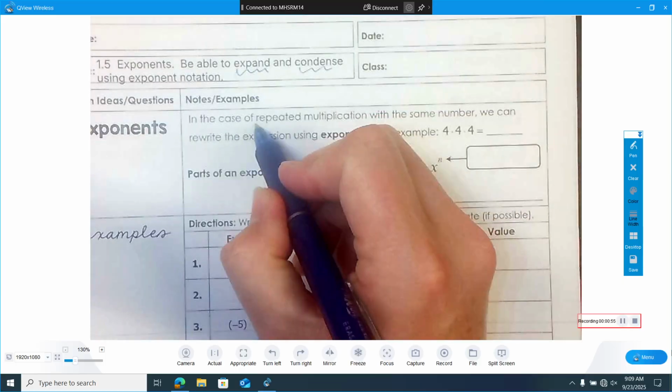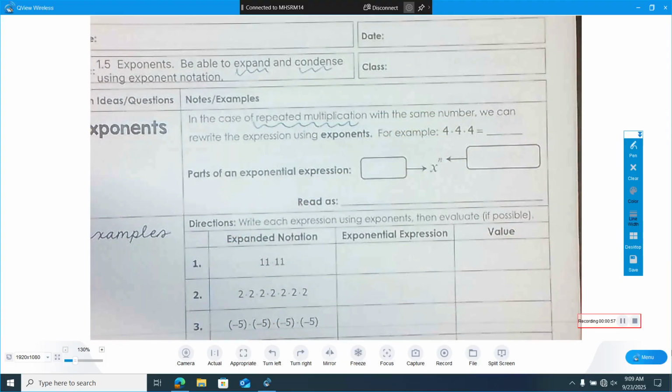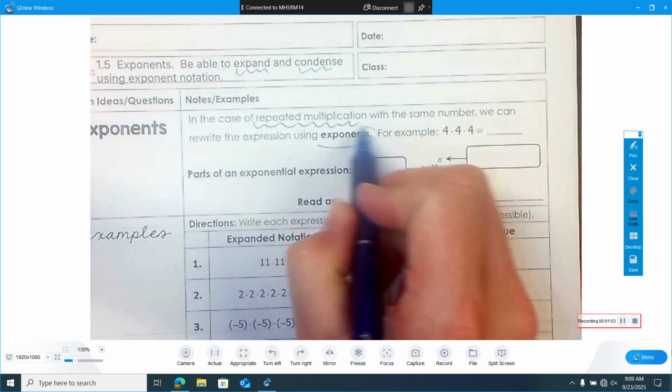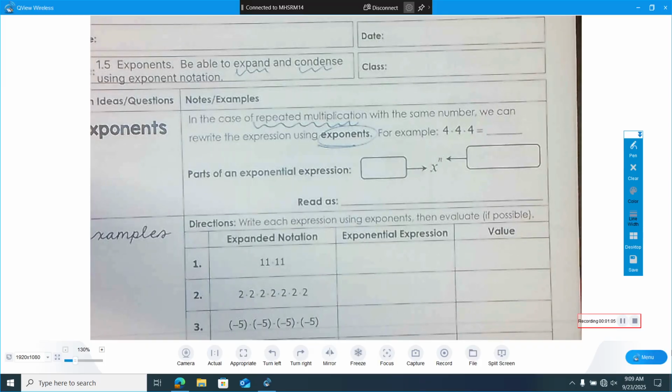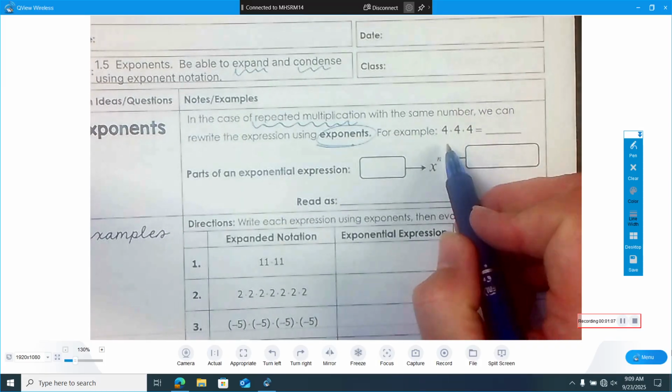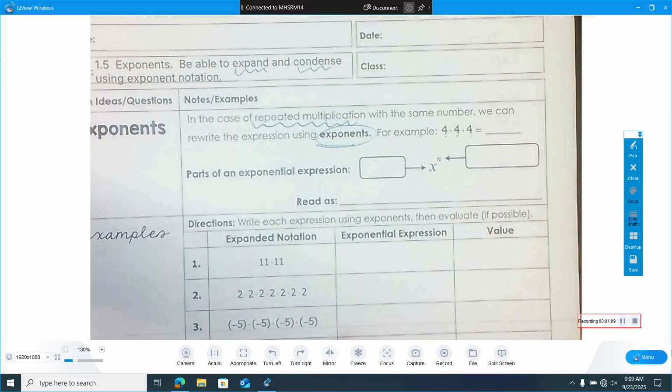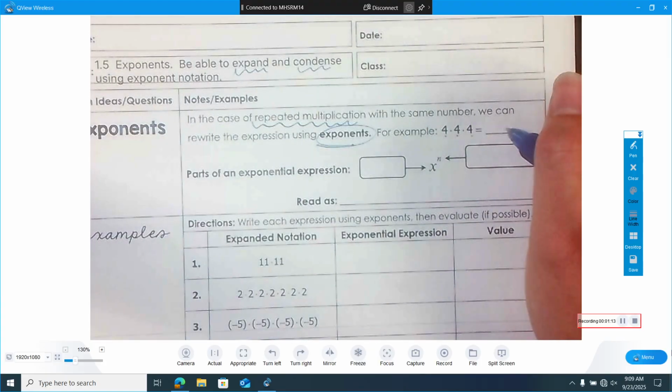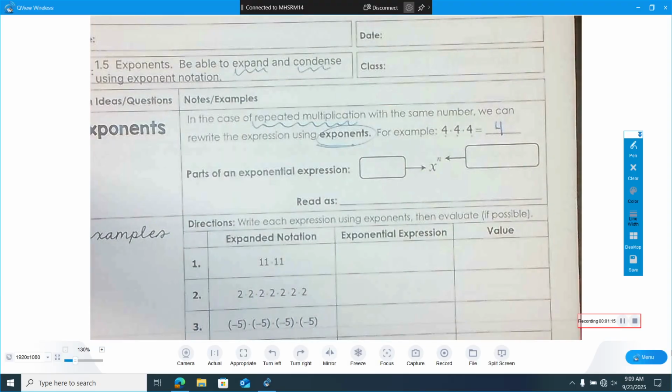In the case of repeated multiplication with the same number, we can rewrite the expression using exponents. For example, 4 times 4 times 4 can be written 4 with an exponent of 3.